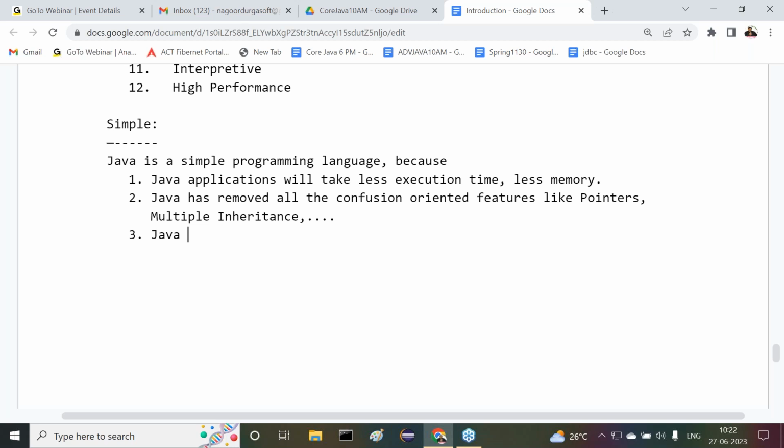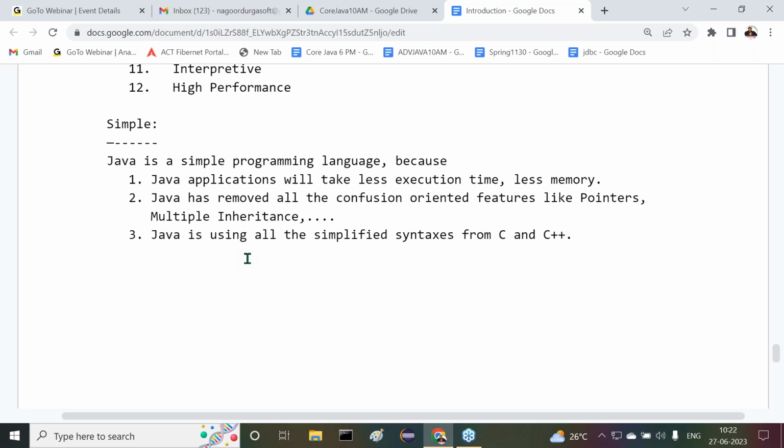Moreover, another point I'm telling: in C and C++, the syntaxes are very simple. All those simple syntaxes are implemented inside the Java programming language. So the point is that Java is using all the simplified syntaxes from C and C++.